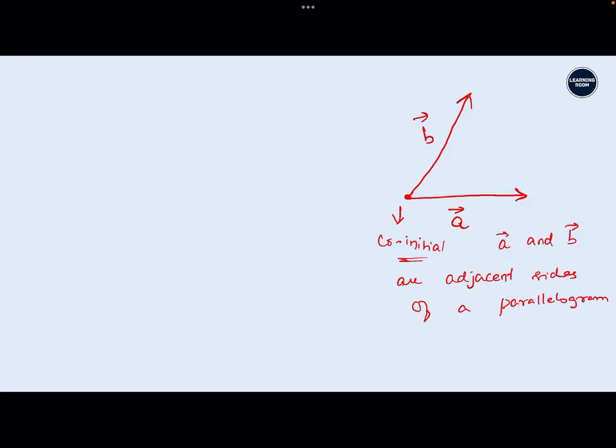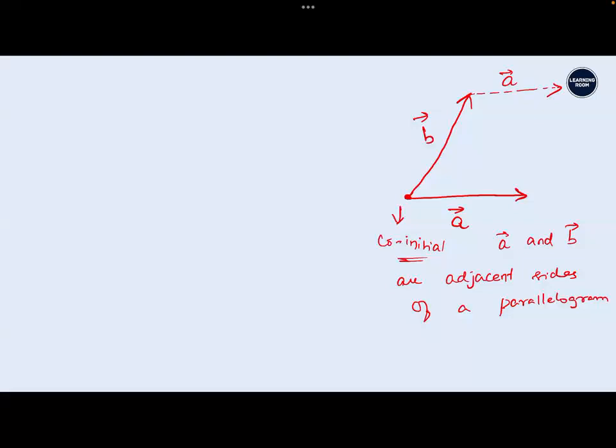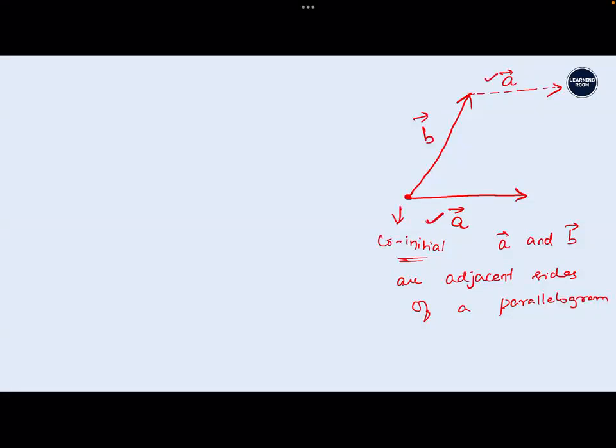Then the resultant of these two is given by the common diagonal that is passing through the starting point of these two vectors. Then how is it possible? For that, I need to complete a parallelogram, which I will do by drawing a vector parallel to A, which is also A vector, meaning this A vector and this A vector are the same, or I can call them equal vectors.